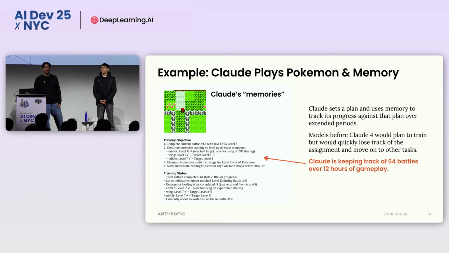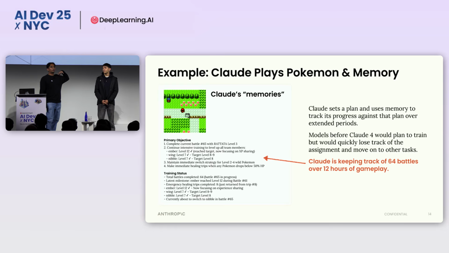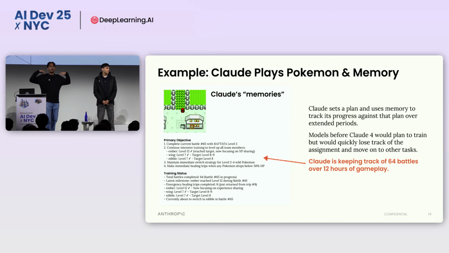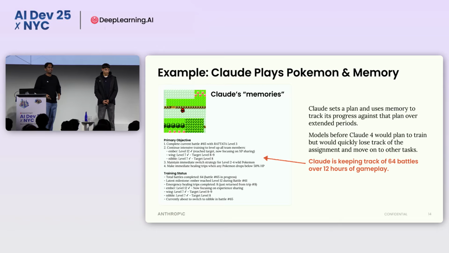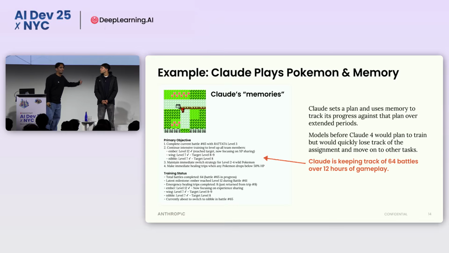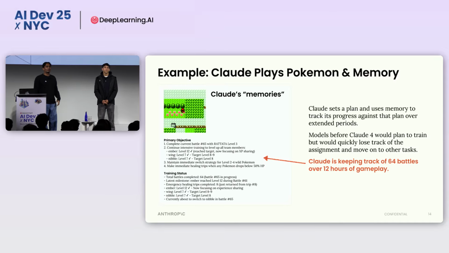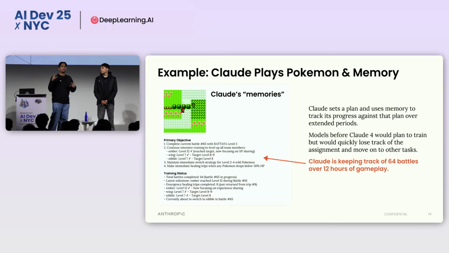So one example here would be models before Claude 4 models would typically play a game of Pokemon Fire Red, and it would basically create a monster single markdown file that contains all of its notes as it's progressing through the game for hours on end. Versus, since Claude 4 models came out, we've started to see that the model, with minimal prompting, has started to maintain a better structure of its memories, right?